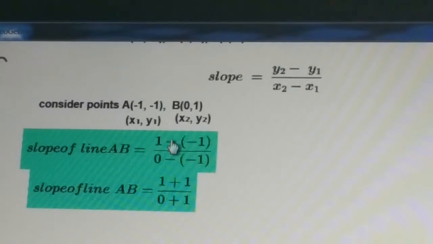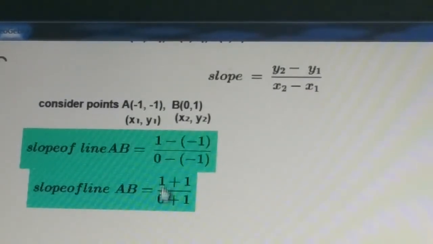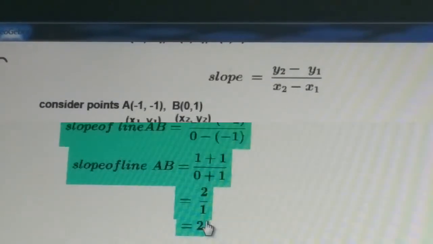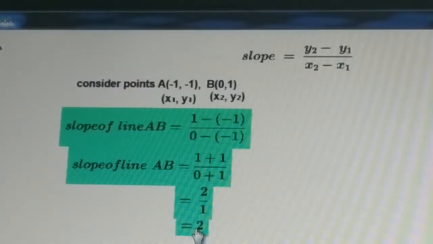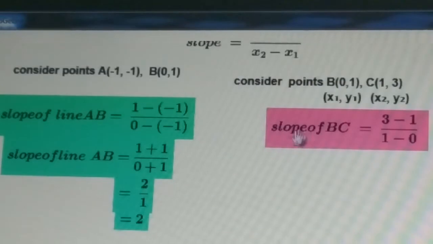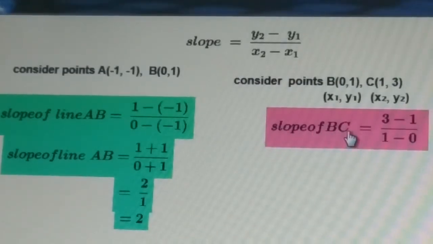We know that the product of two negatives is always positive. Minus into minus we get plus, so it is 1 plus 1 divided by 0 plus 1, that is 2 upon 1, and we get slope of line AB is 2. To find the slope of line BC, consider two points B and C.